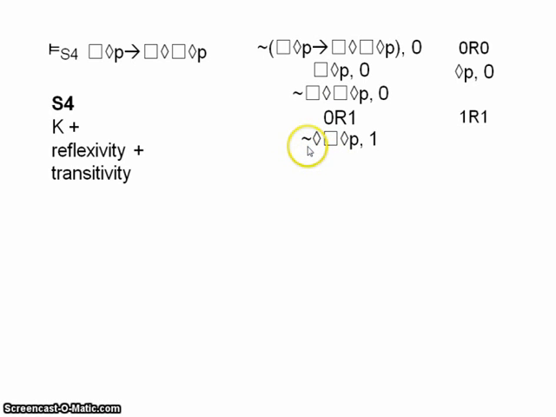And here we have not possibly, so reflexivity immediately gives us this. We have necessarily possibly P up here in 0, so we can derive possibly P in our new world. And now we can use this possibly P to open up yet another world.